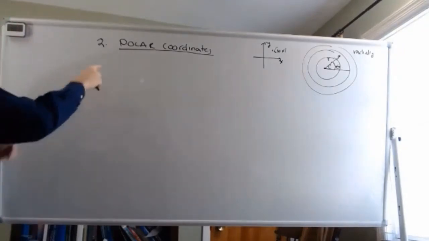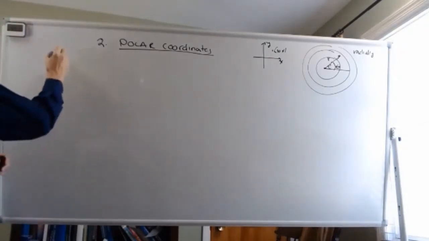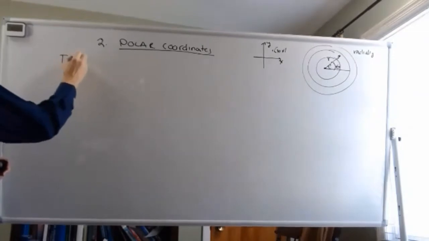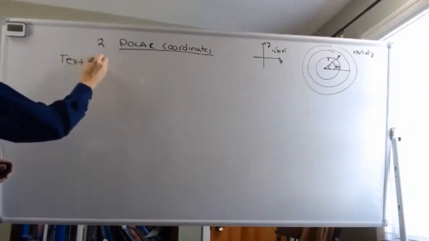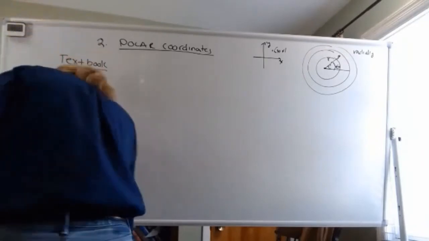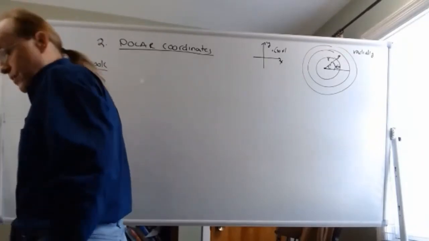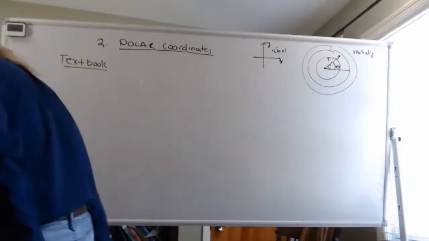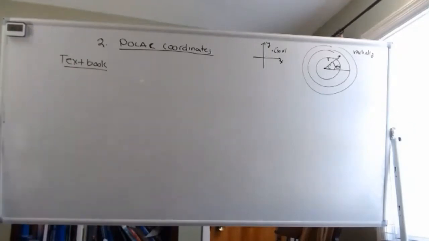Okay, so let's take a look at that. I'm going to take us over to the textbook so I don't have to write all these pictures out, because it's kind of problematic to do that. We'll introduce this idea of an alternative way of locating points in the plane, not using an X and Y coordinate system, but instead using a polar coordinate system.